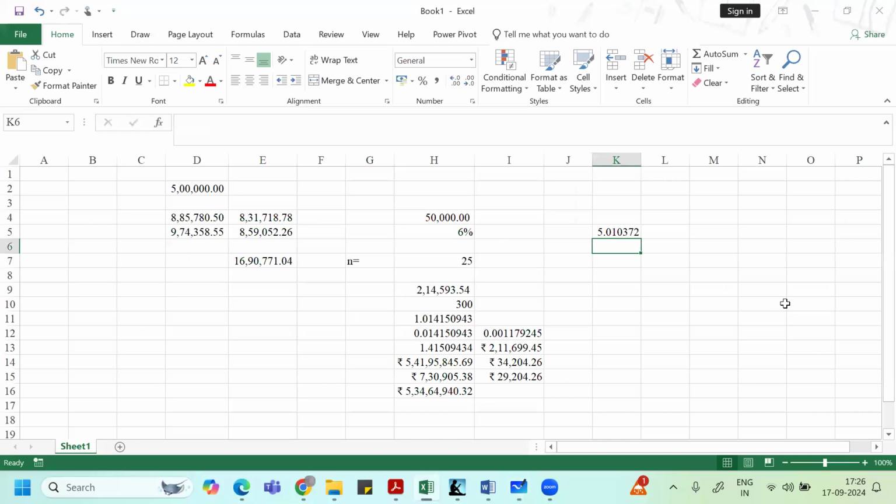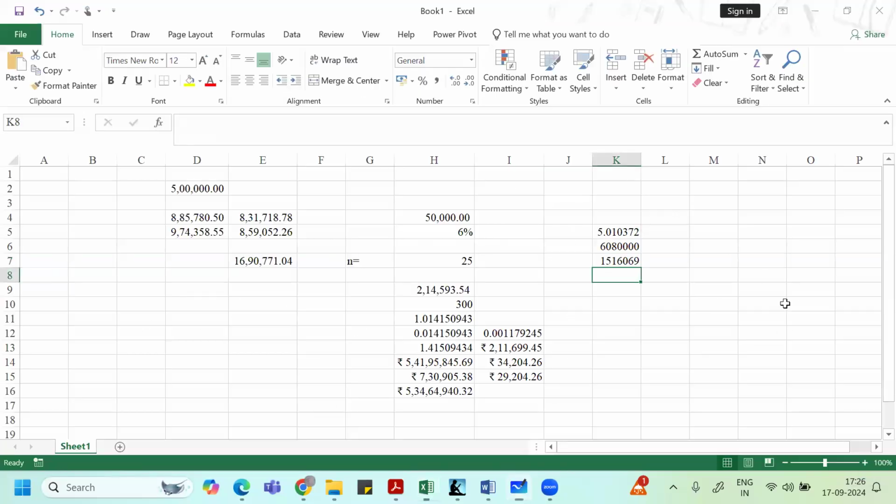Or if I just take 8 crore, 1, 2, 3, 4, 5, 6, 7 into 7.6%, right, 0.076, you multiply, you'll get this. So once you get this, then this divided by this minus 1.